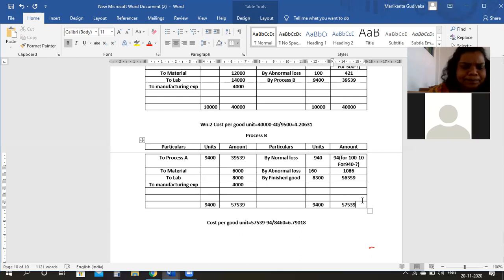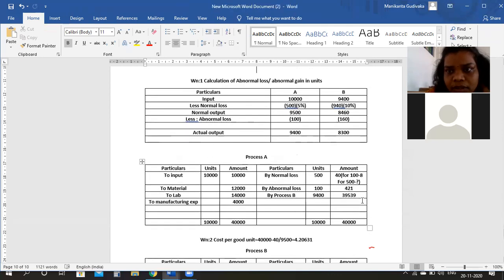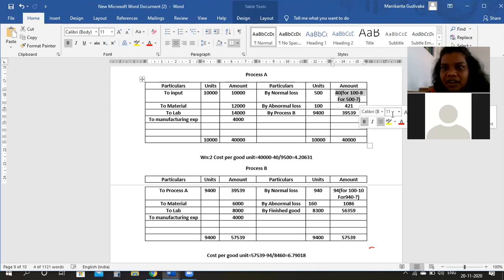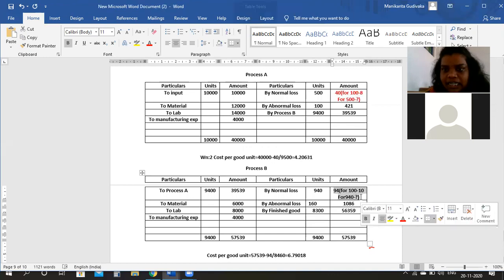Are we clear? Anyone, any doubts with working note number 1 or working note number 2 or any items in the process accounts? The unique point in this problem compared to the other problems we did is this part. Here, the scrap value is not given for 1 unit, it is given for 100 units at once.